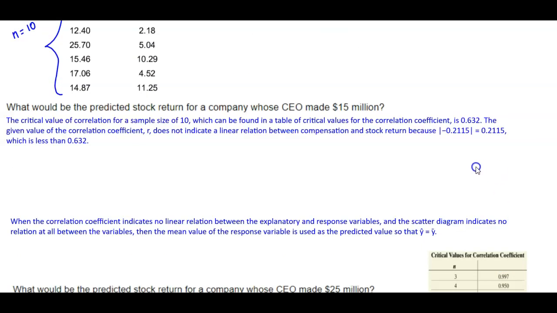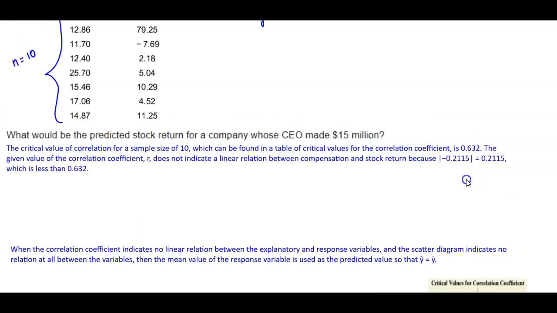So the critical value for n equal to 10 is 0.632.